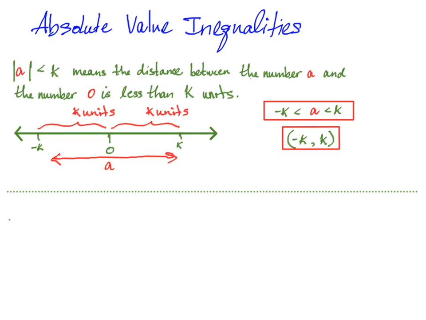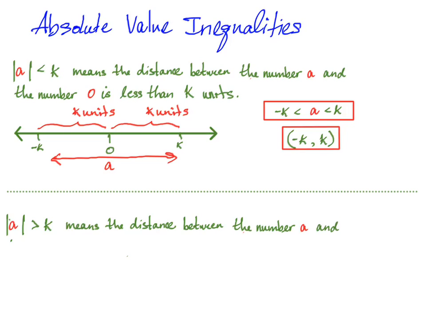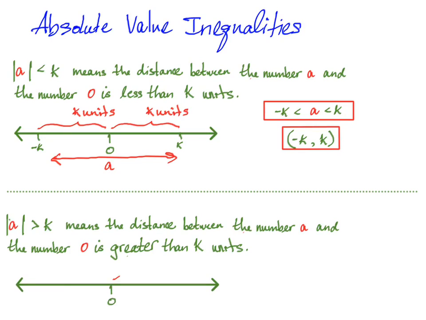All right, so what if we have a greater than? The absolute value of A is greater than K means that the distance between A and the number 0 has to be greater than K units. On the number line, let's draw it again.